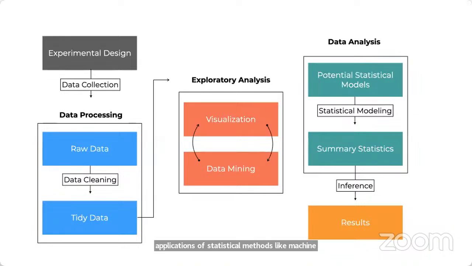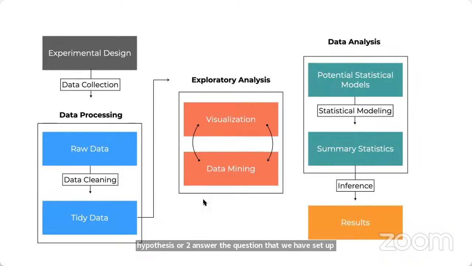So in this flowchart, for example, you would assume that most of the time in data science methods is spent in the data analysis section. But in fact, you will learn that most of the time and most of the effort will be dedicated to this section, where we have to process the data and explore the data in order to set up the perfect analysis method that will help us understand the patterns to answer the hypothesis or the question that we have set up at the start of the experimental design.